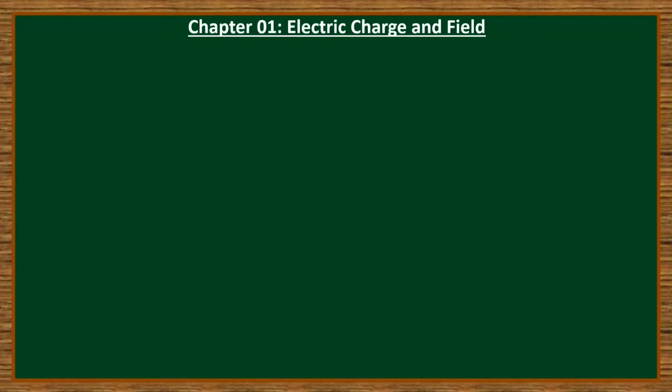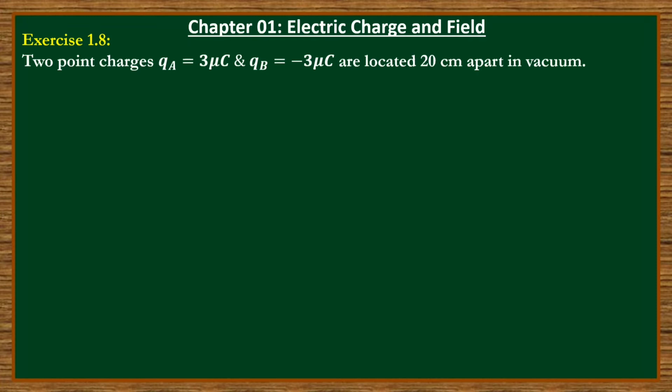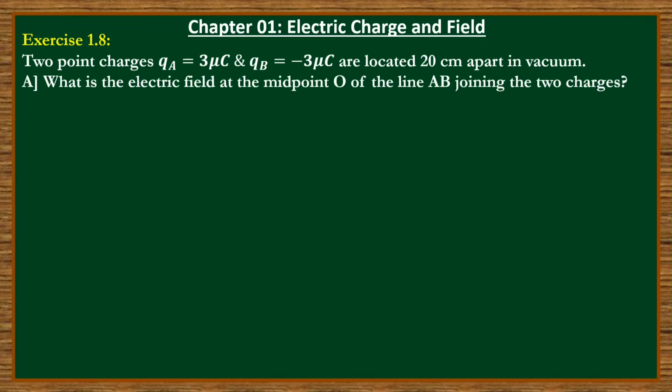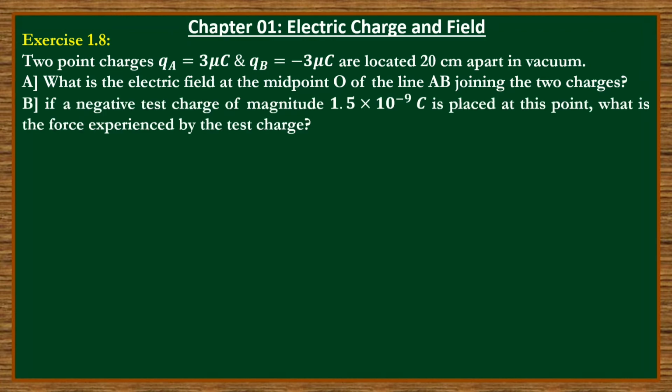Read the statement carefully. Two point charges QA, 3 microcoulomb, and QB, minus 3 microcoulomb, are located 20 centimeter apart in vacuum. Based on this, they have asked two questions. Question A: what is the electric field at the midpoint O of the line AB joining the two charges?